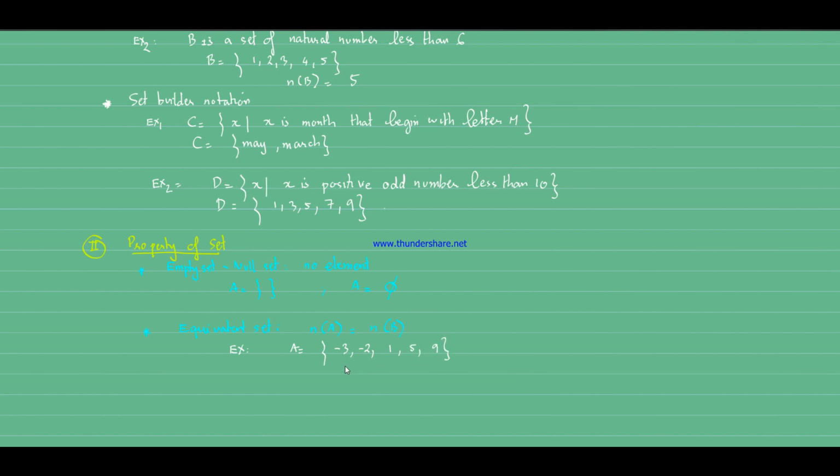So the cardinality of set A is 5 elements.